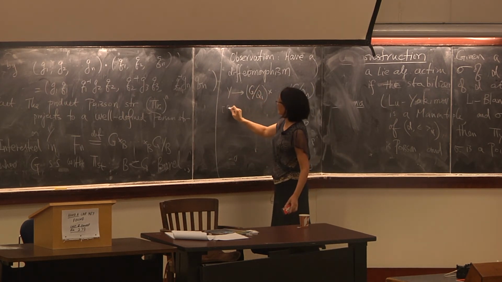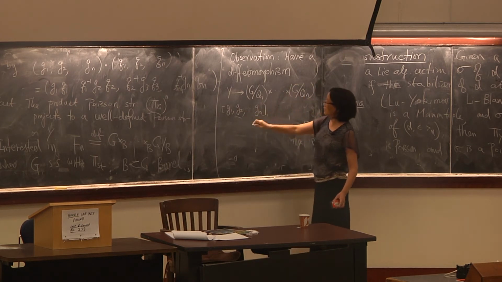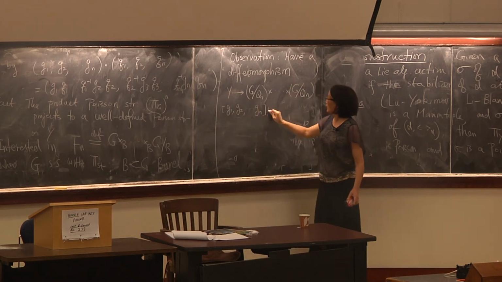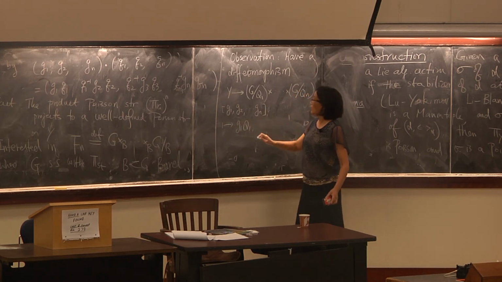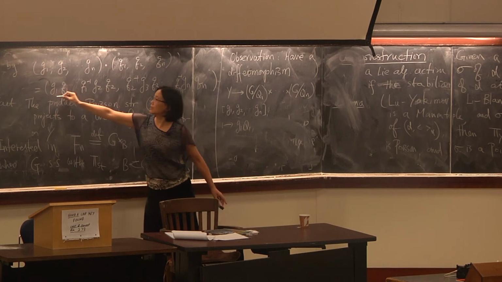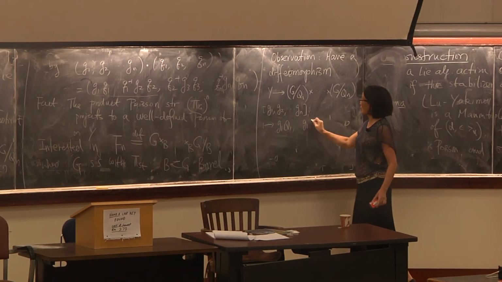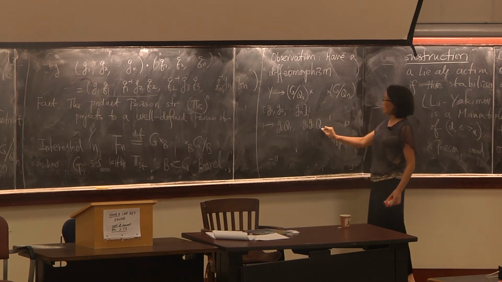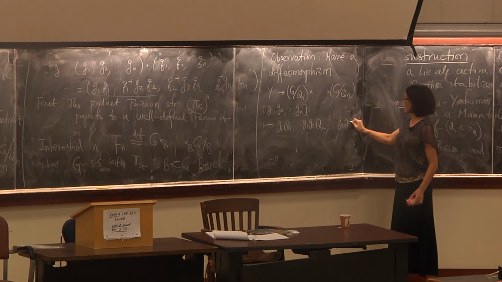So how do you do it? Here you have g1, g2, and this is the class defining Y. This just goes to g1, q1. And if you multiply these two, you see the middle thing gets canceled. So you get g1, g2, and that's a well-defined element in this quotient, and then you multiply them together.